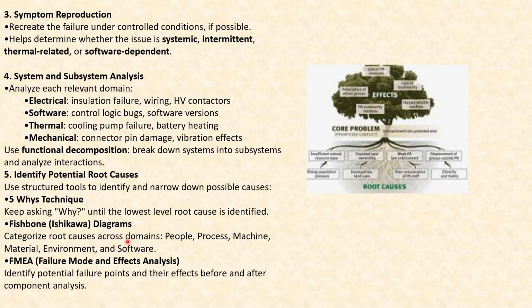Categorize root causes across domains: people, process, machine, material, environment, and software. Now, talking about the FMEA, the failure mode and effects analysis, identify potential failure points and their effects before and after component analysis.